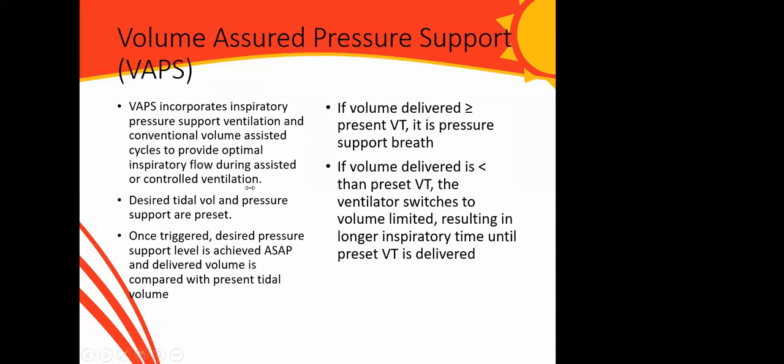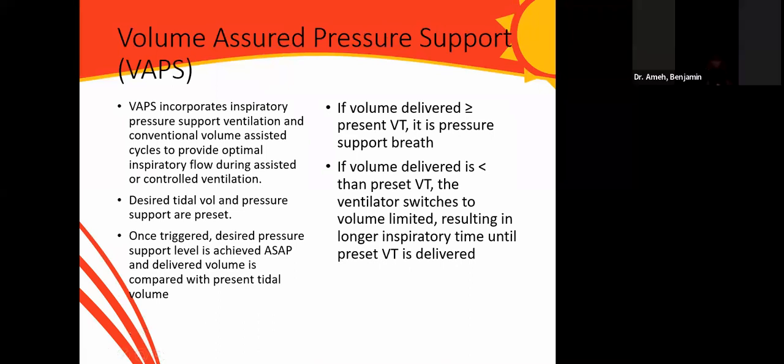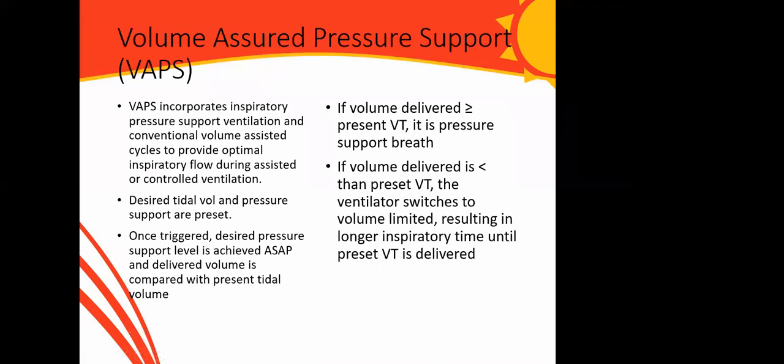Okay, volume assured pressure support ventilation. What this does is that it incorporates inspiratory pressure support ventilation and conventional volume assisted mode. The desired tidal volume and pressure support are preset.